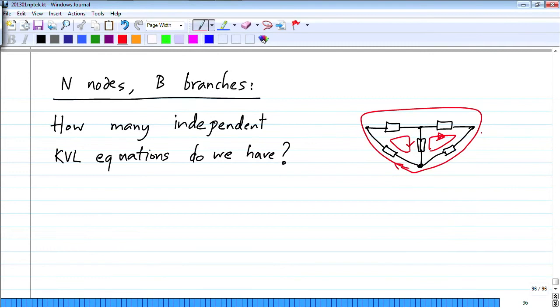Okay, so it looks like you're not able to identify. So let's go step by step. Now, how do we know how many independent loops we have? To do that, I will define what is known as a tree.